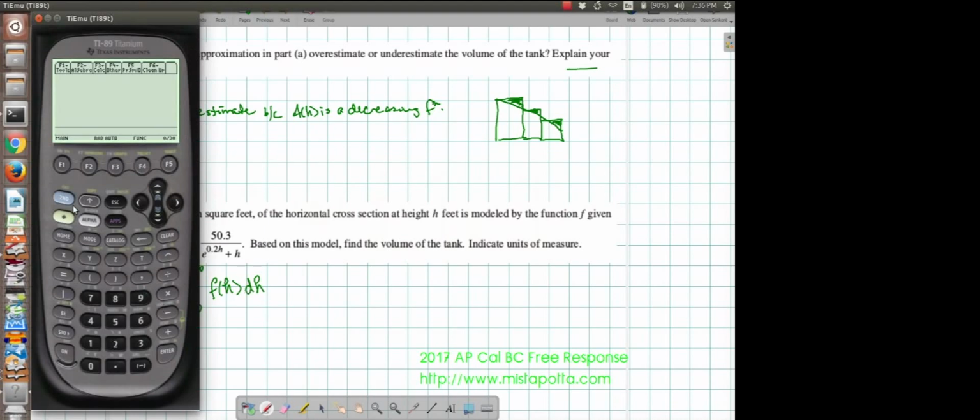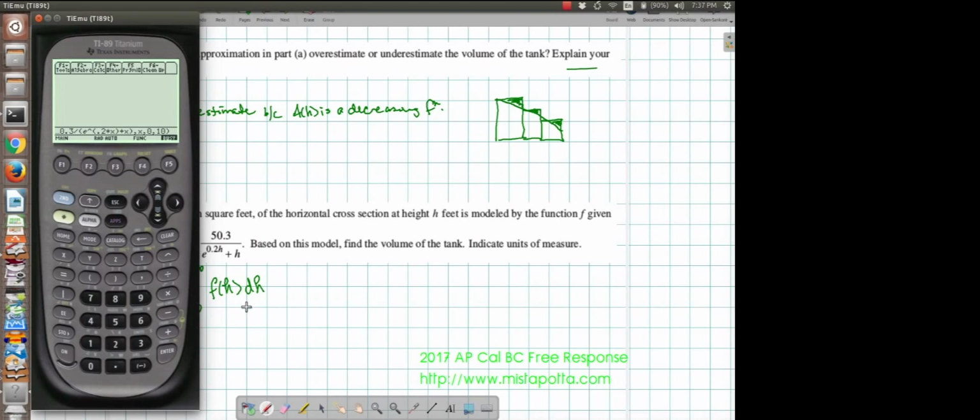So we're going to go to our calculator real quick. We're going to integrate 50.3 divided by our denominator of e to the 0.2 times h plus h, and I'm going to integrate that with respect to h from 0 to 10.